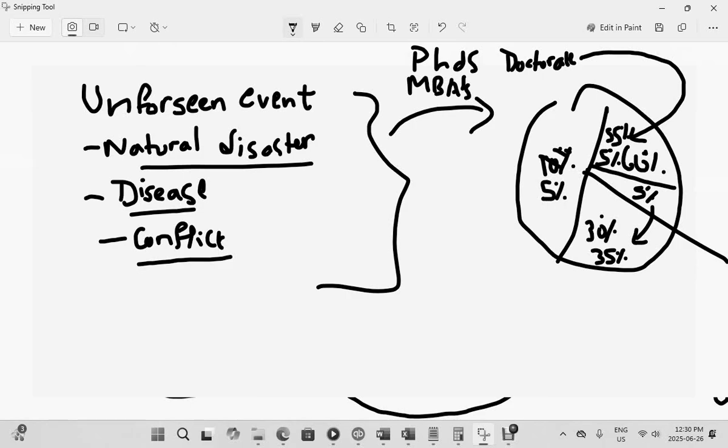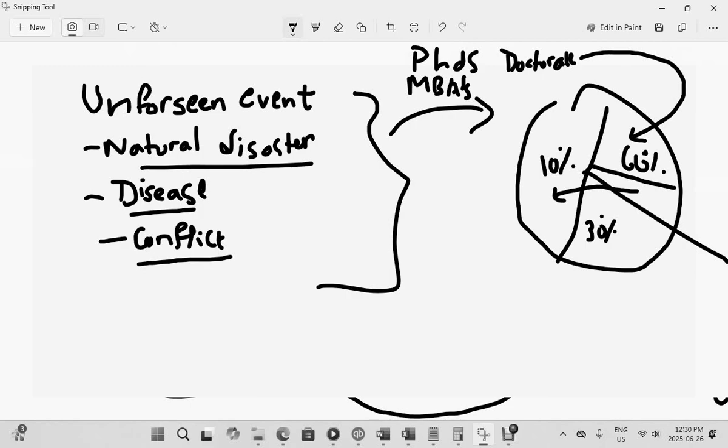This could also work the other way around, where the 5% become discouraged, so they're no longer looking for work. Why? Because people who are in the workforce, they're overqualified, or people who are in the workforce have better credentials or experience than them. So in that case, the 5% may fit into this category.